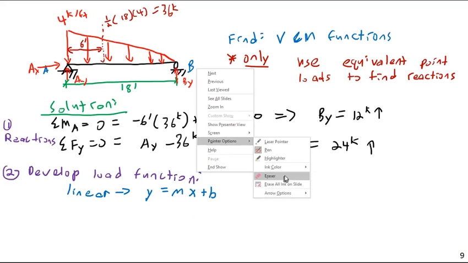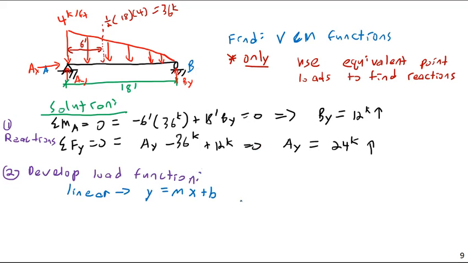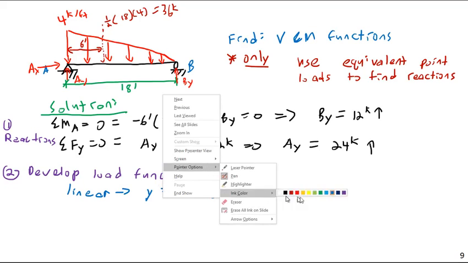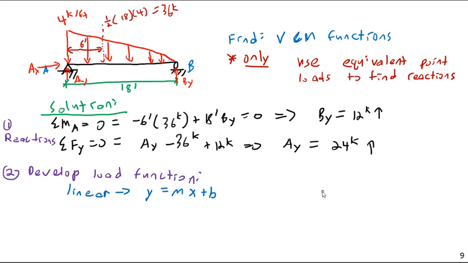Okay, so I know that it's y equals mx plus b. If you do not know how to find the equation of a linear line, you're in the wrong class. So slope m is going to be fairly simple.